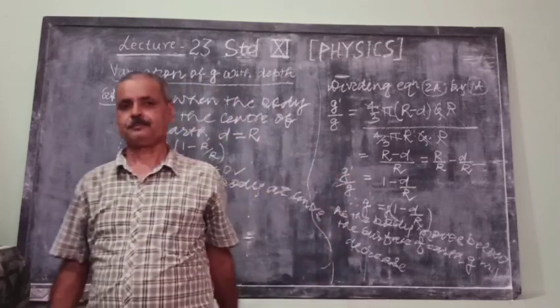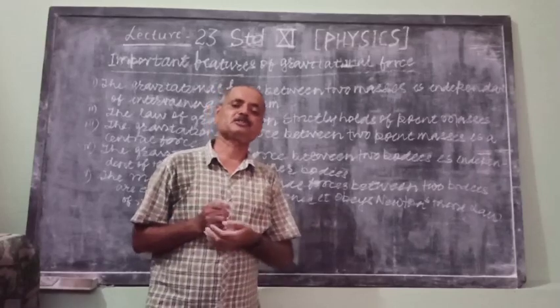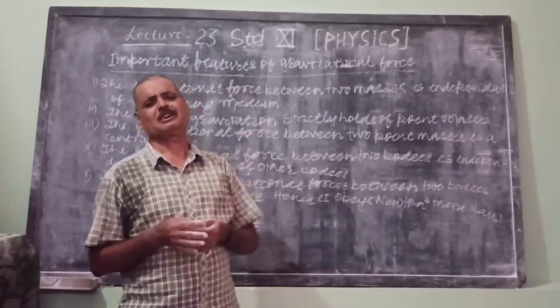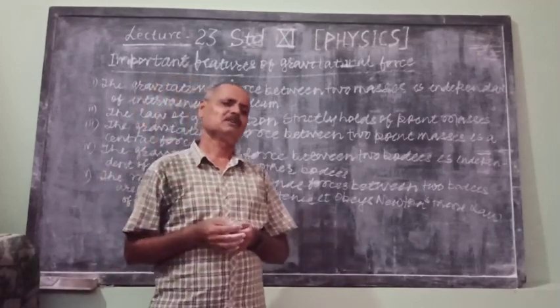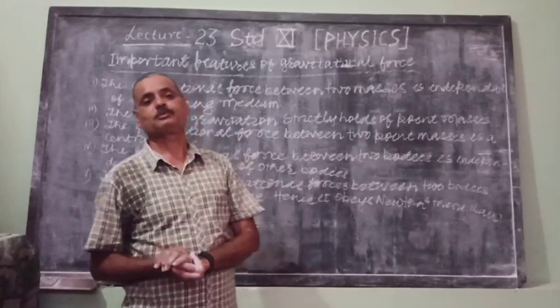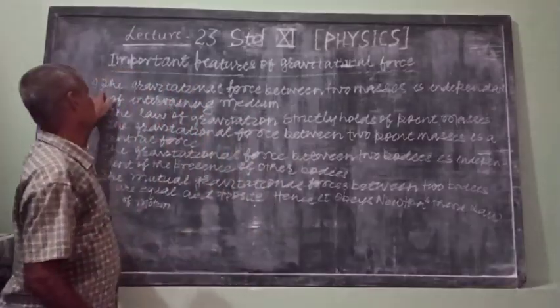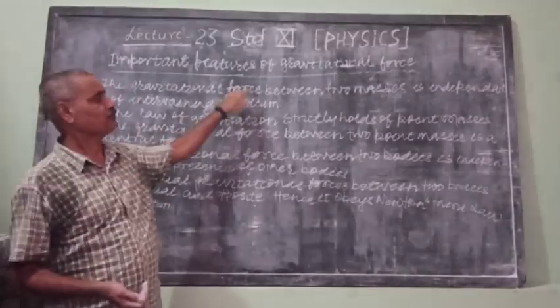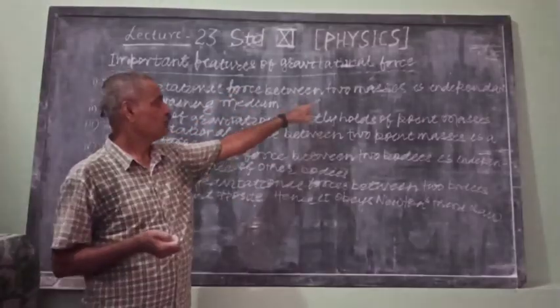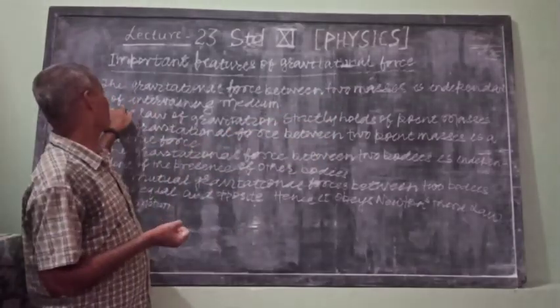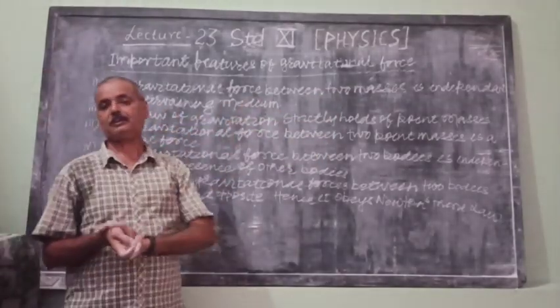Okay. The important features of gravitational force. Sometimes this question is asked for 2 marks. What are the important features of gravitational force? First point: the gravitational force between two masses is independent of the intervening medium.